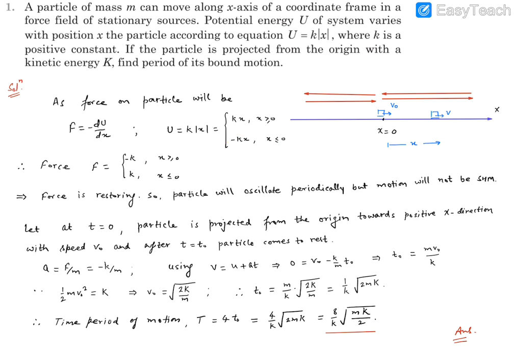So that is the meaning of using this k mod x. Now when you differentiate this and put a minus sign, for positive x the differentiation comes out to be k, and there has to be a minus, so this becomes minus k. In negative x, we differentiate and get minus k, then there has to be a minus, so it becomes plus k. K is positive.